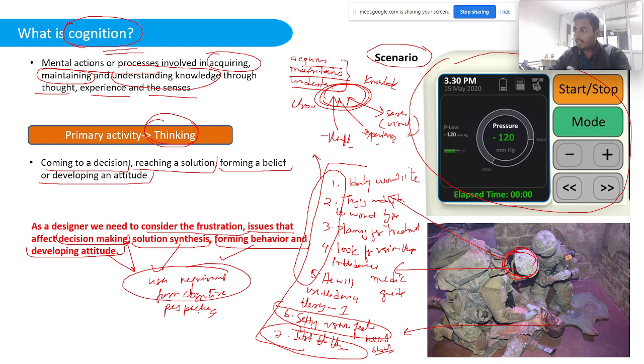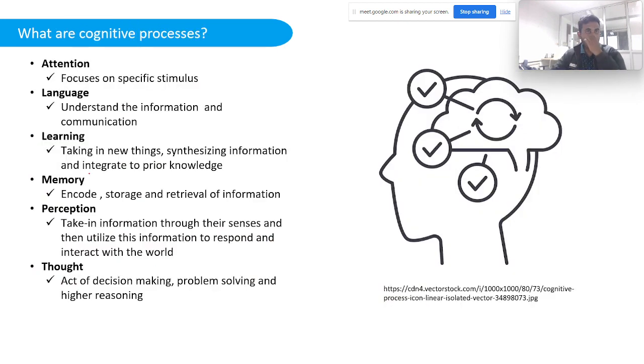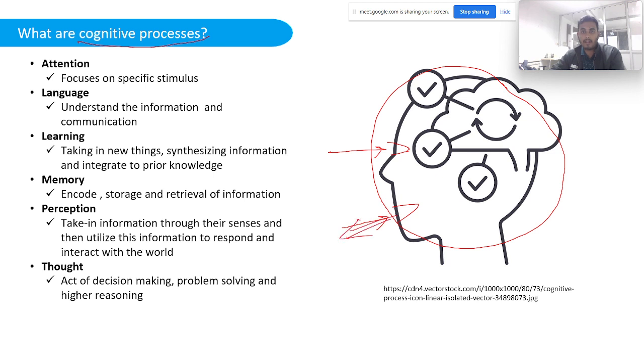Okay, so I hope this is clear. Let's proceed to the next. Now there are various types of cognitive processes. In our brain we have different senses, and these are inputs through which we get information. There are also input and output devices which provide output.